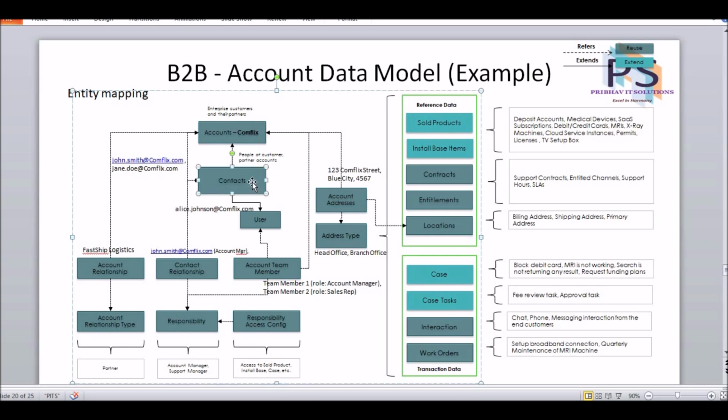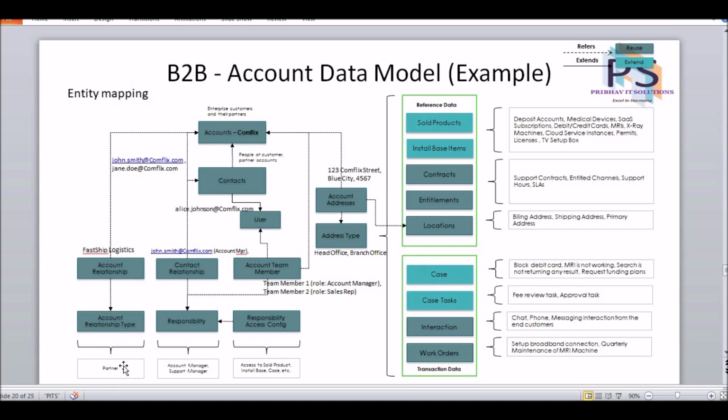We need the contact. Those contacts are the primary contact or the support contact. If this account is selling further products to another account, then we can set up the account relationship. So the contracts which are managed here, we need to maintain the contact relationship. So this layer talks about what sort of relationship we need to maintain in the system. And you can see if it's account, we need to maintain the account relationship.